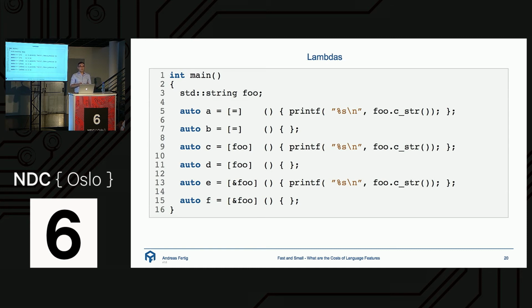And that's the reason why B triggers an unused variable warning, because the body of the lambda is empty. We say simply that we'd like to capture everything in scope by copy, but the compiler finds out that we do not use any variable in the body of the lambda, so it doesn't capture anything. That's why B triggers the unused warning.